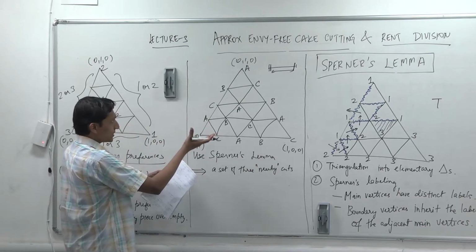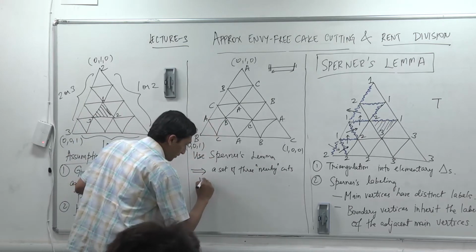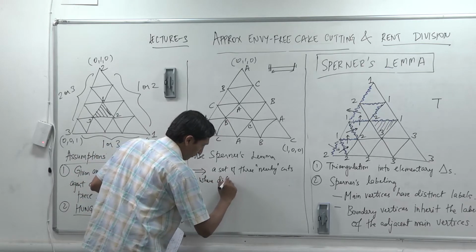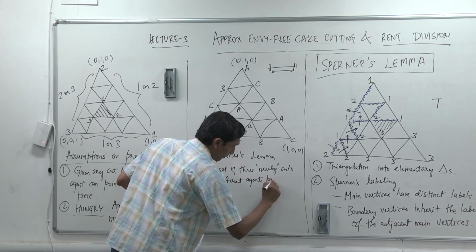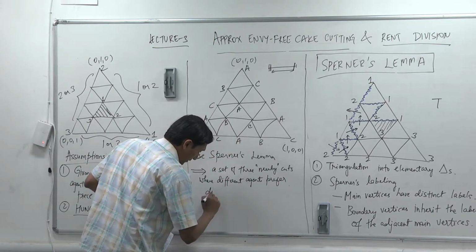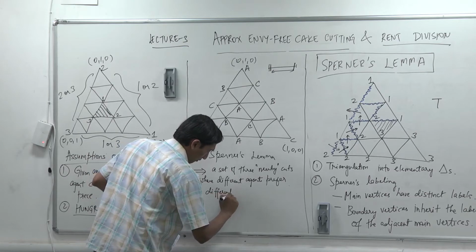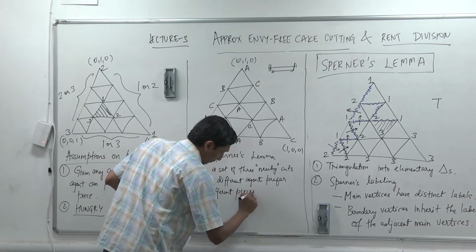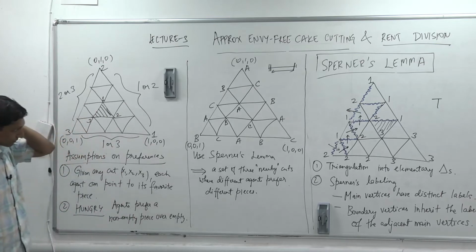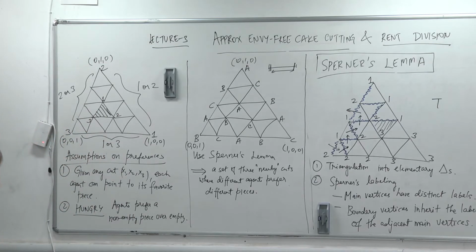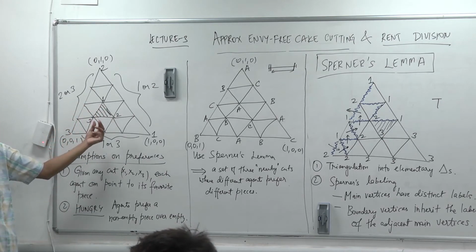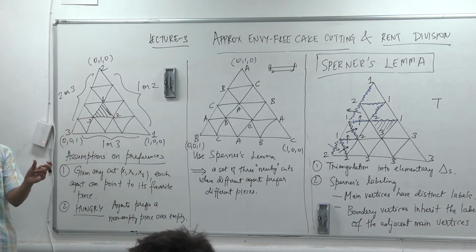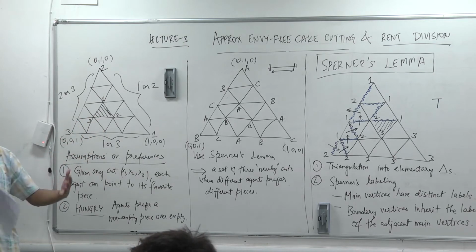But at least in terms of pictures, there are three nearby cuts where different agents prefer different pieces. Now you can imagine making this triangulation finer and finer, and you will have increasingly nearby cuts where you have envy-free like things happening.